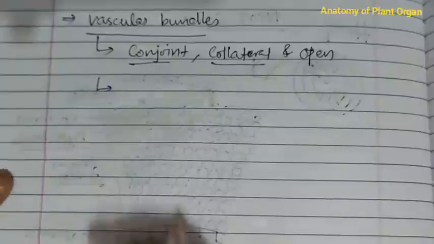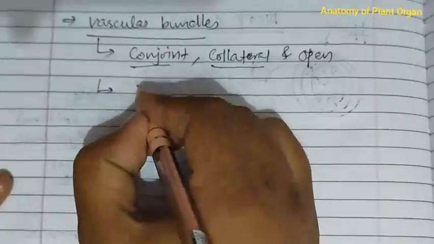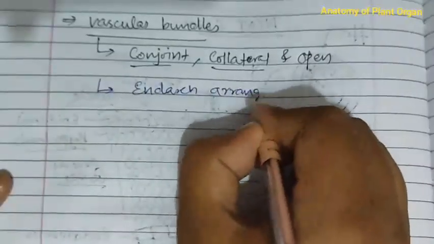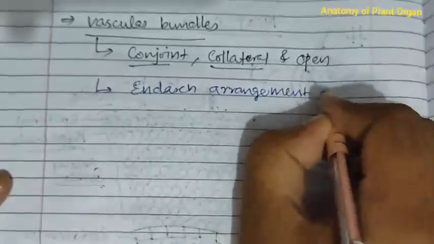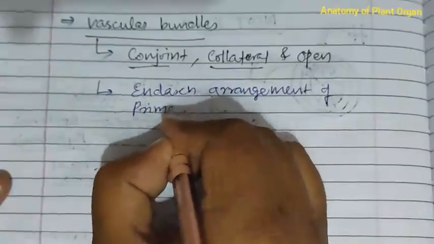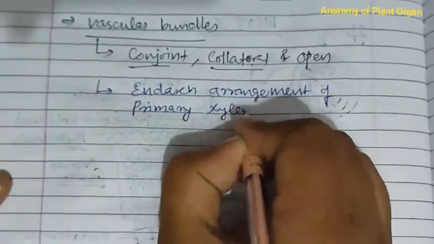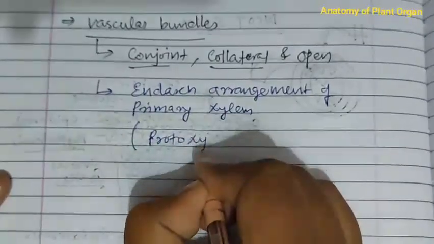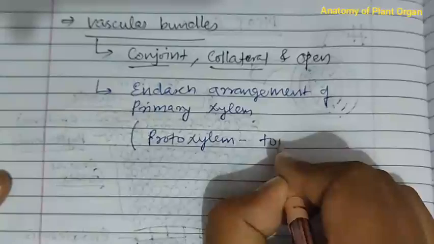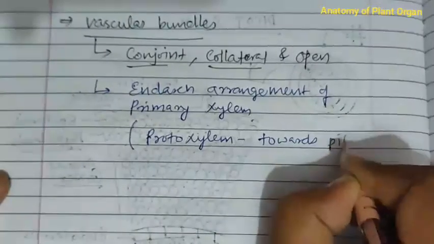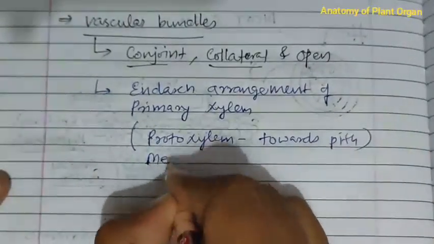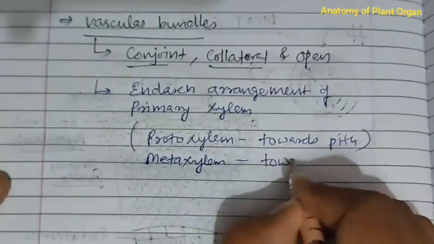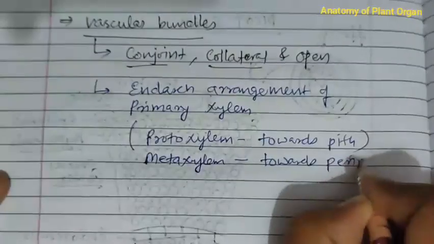Now when we talk about this vascular bundle, here in case of stem there is an endarch arrangement of primary xylem, in which protoxylem is present towards the pith or at the center, and metaxylem is present towards the periphery.